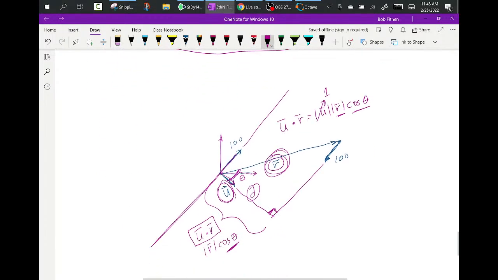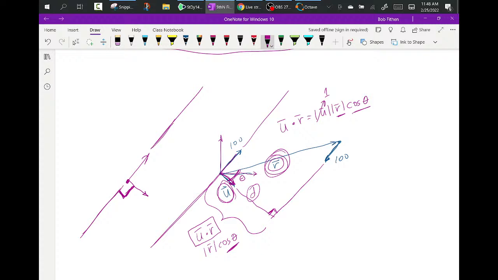You have a force, one of your forces, put your coordinate system there, anywhere along it, you'll have the coordinate, you'll have a direction, you find a unit vector which is perpendicular to the line of action, call it u, and just dot it with the vector.